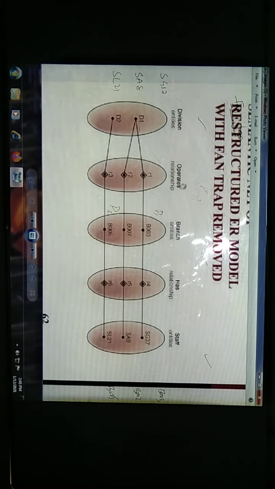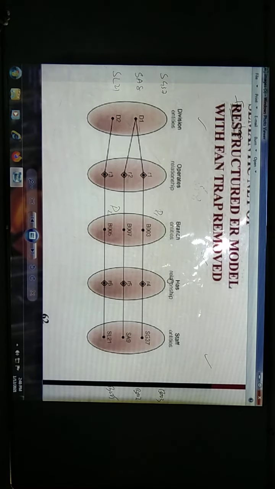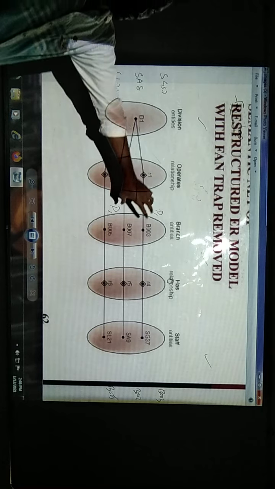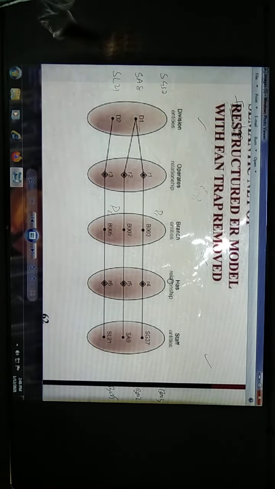The relations are also the same, that is operates and has. Now you can answer the question, SG37 works for which branch? Just I have replaced the positions: your division has been kept in the middle of the entity model, but I have taken that at the first position.